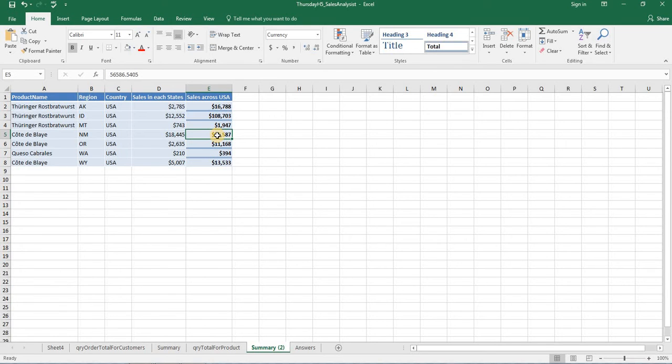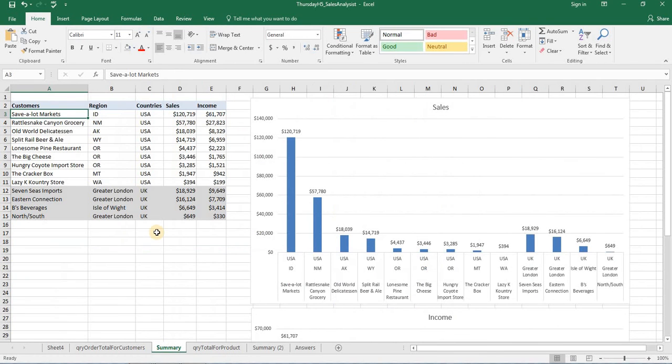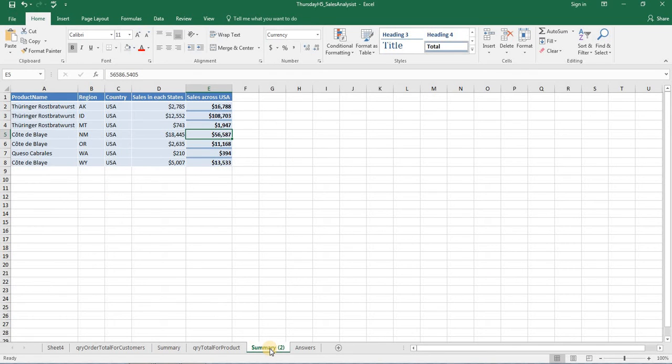And for whatever reason we can't really tell what's going on, if it's a new product or how long it's been on the market, but based on everything that we've done so far, the data kind of makes sense.